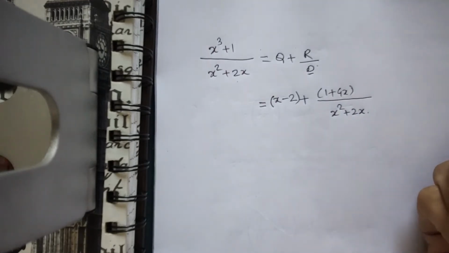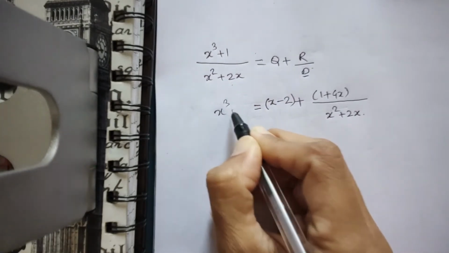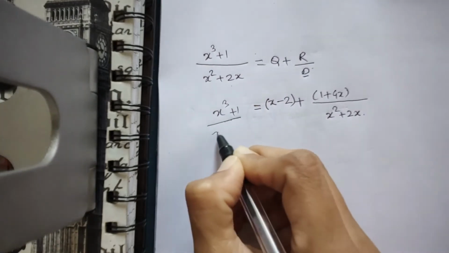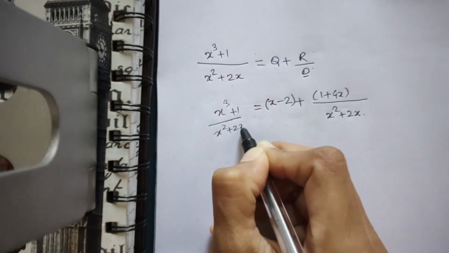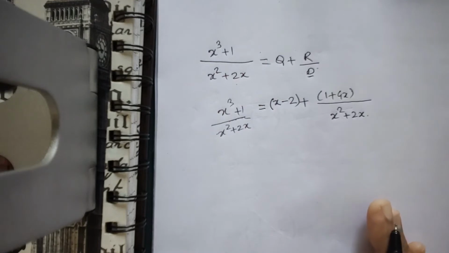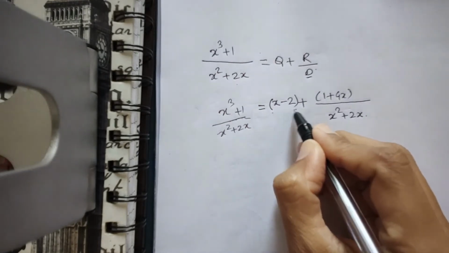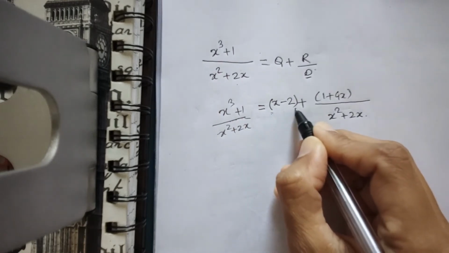Right? Clear? Okay. So x cube plus 1 upon x square plus 2x, I get this equation, which is an equivalent form. So this is the first step. Now this part we are not going to worry about because it's not a fraction.